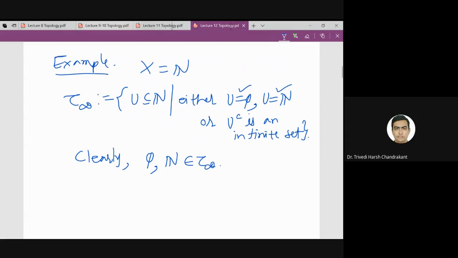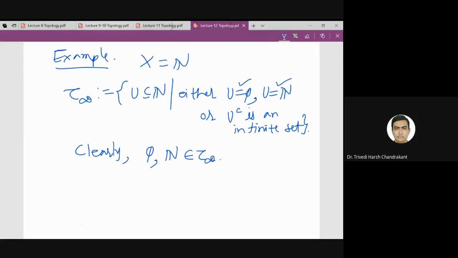And if I take singleton 1, then it is in tau infinity. Why? Because the complement of 1 is 2, 3, 4, all these numbers.